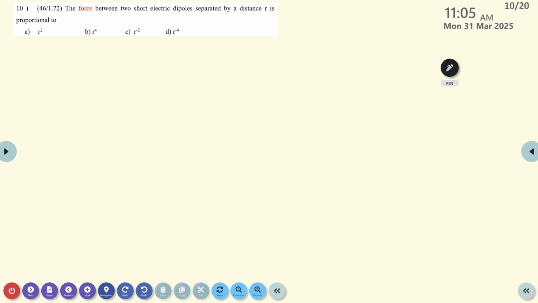Next. The force between two short electric dipoles separated by distance R is proportional to, I told that F equal to P into what? Into dE divided by what? dx.